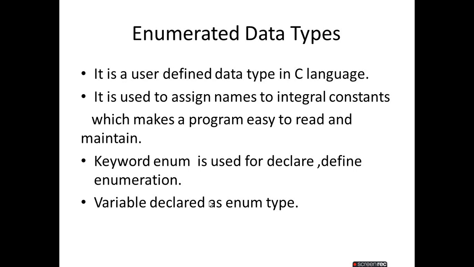It is used to assign names to integral constants, which makes our program easier to read as well as maintain. The keyword enum is used for declaring, defining, and enumeration.